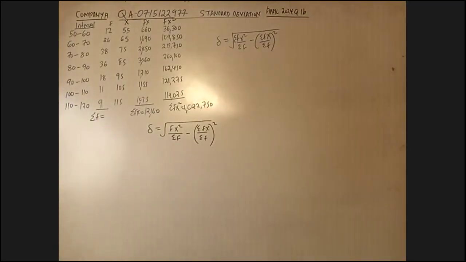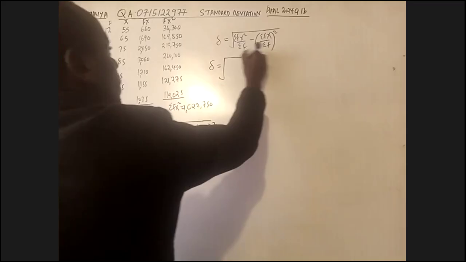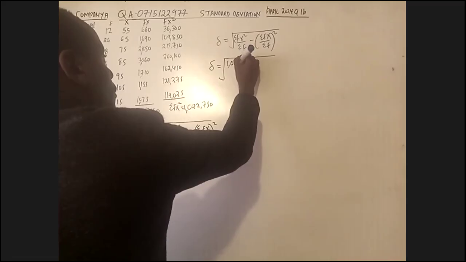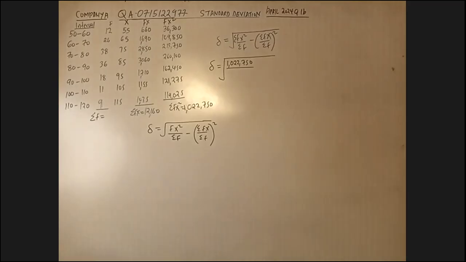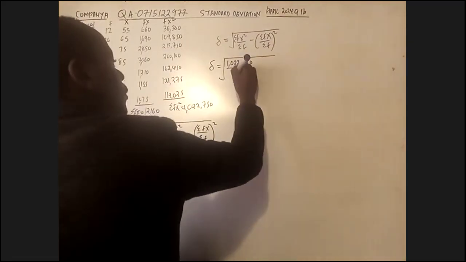That one will be the end of company A. So summation of fx squared is 1,022,750. What is our summation of f? We add 12 plus 26 plus 38 plus 36 plus 18 plus 11 plus 9, which is 150.